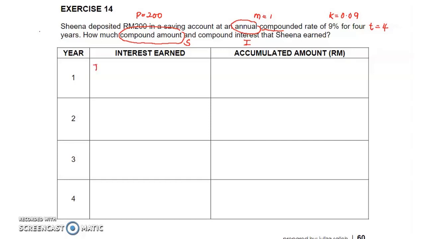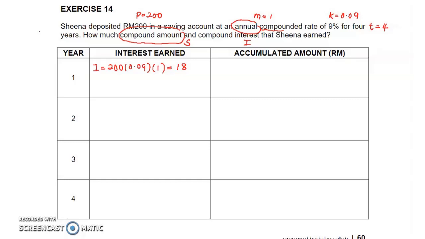Now let's calculate. I equals, for the first year, the principal is 200, the rate is 9%, multiplied by 1. This is similar to the previous example. Since it is compounded annually, we can calculate like this, substituting t equals 1. So the interest will be 18 ringgit.